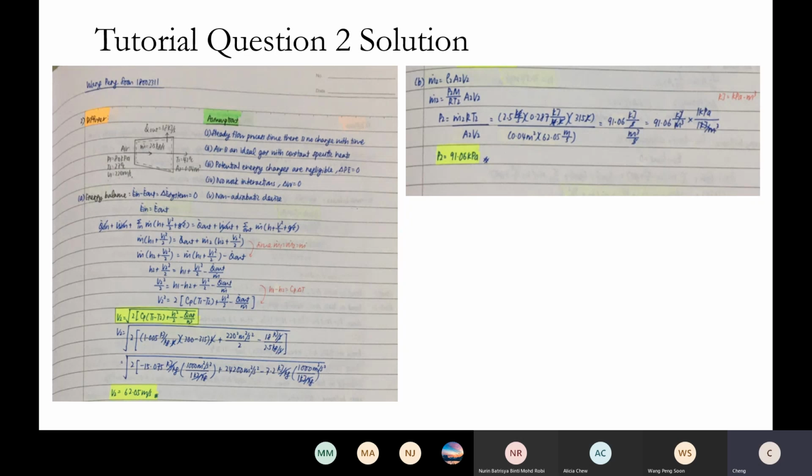By substituting the density with the ideal gas law and further rearranging, we eventually get the final equation, which is P2 equals m R T over A V. By substituting the relevant values, we get the final answer of 91.606 kilojoule per meter cube. But we need to do some unit conversion so that the answer results in kilopascal.